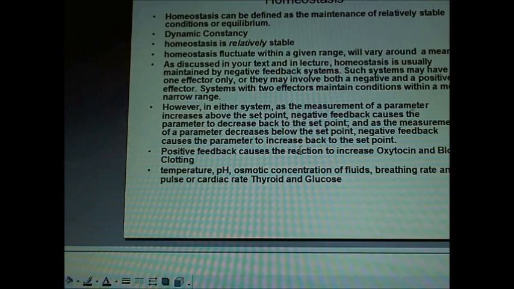So homeostasis is maintaining a normal constancy. It varies around a mean. The variance around the mean is what we call a normal range. We would have a range of values in humans that is considered normal. And for glucose, it's 70 to 110 for a human. We would take many, many samples.